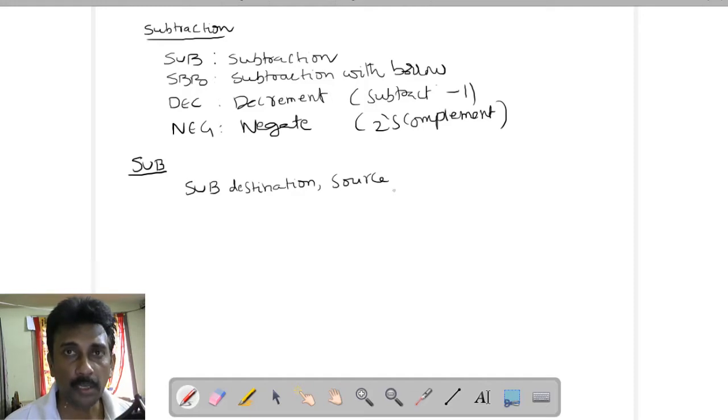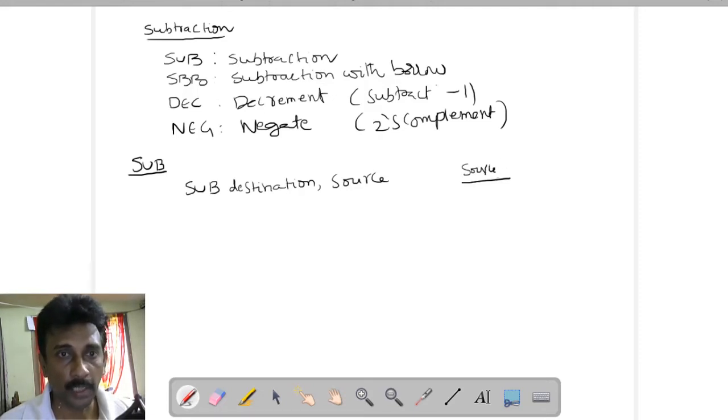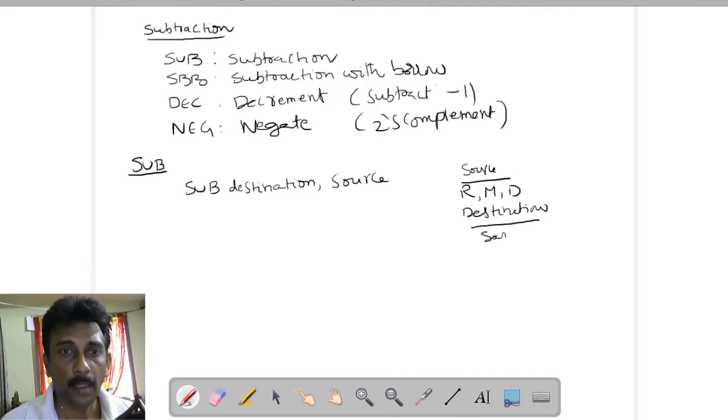The source may be a register, a memory location, or data. Similarly, the destination also. But two memory locations at a time cannot be given in the instruction.